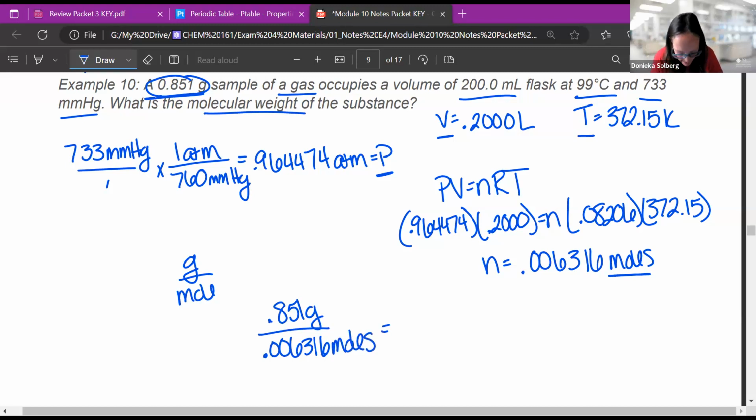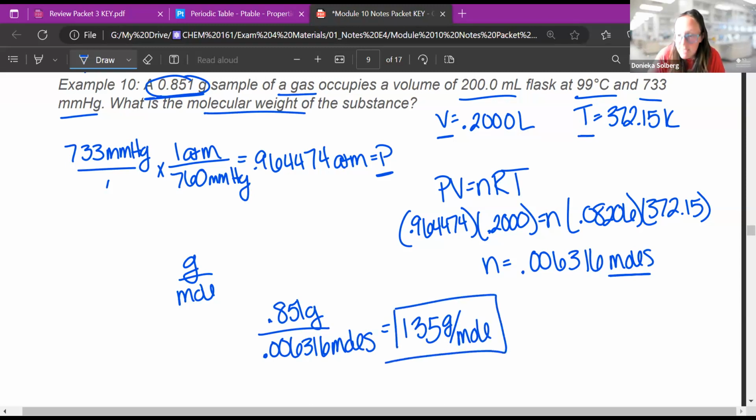And that will tell me my density, or sorry, my molecular weight. 0.851 divided by that is 135, if I round correctly, grams per mole. And that could actually help me identify my gas or whatever it may be.